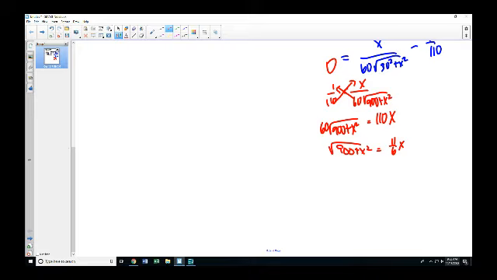Okay, how do I solve a radical function? You kill it, you square it. So 121 over 36 squared.